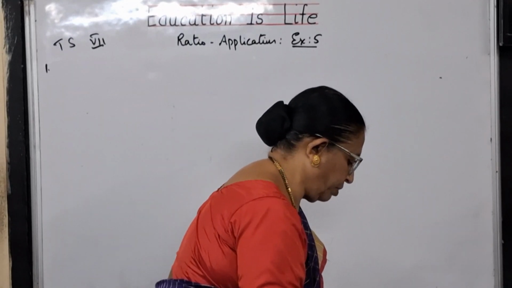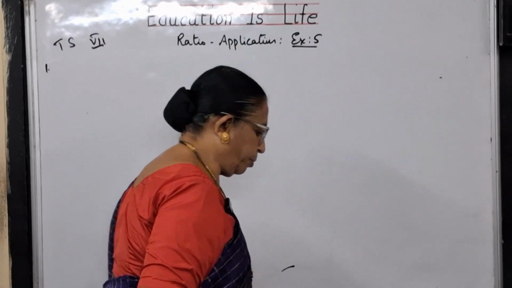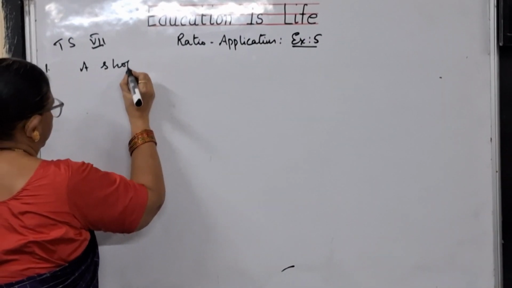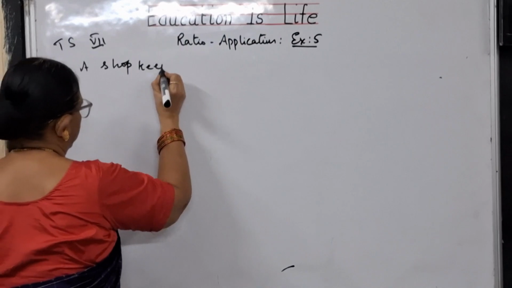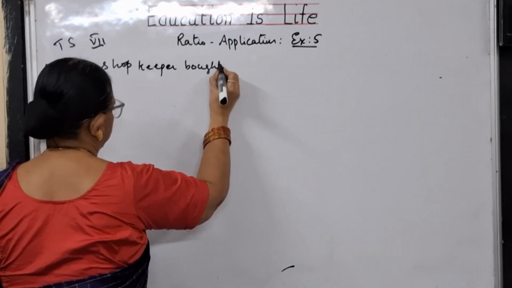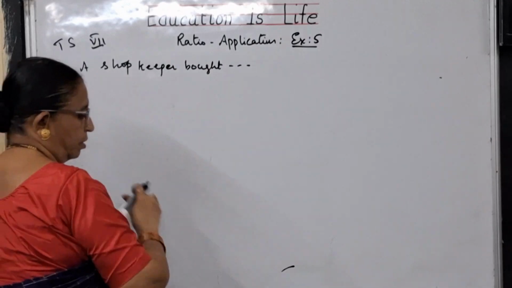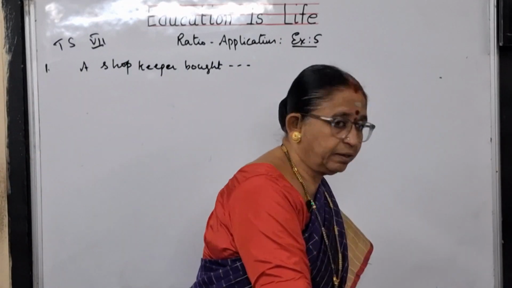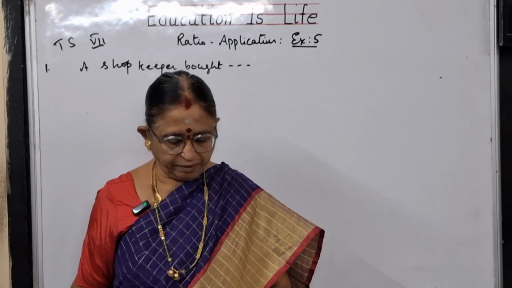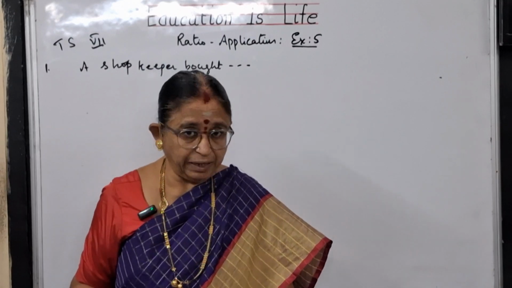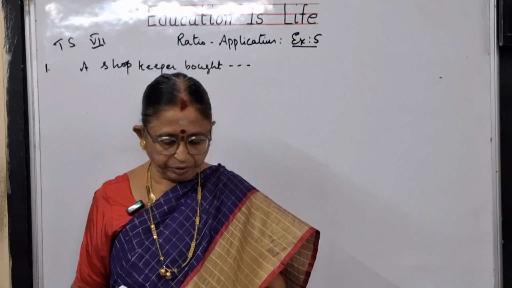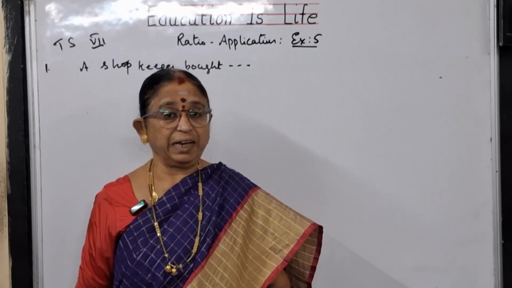The sum is: a shopkeeper bought a suitcase for rupees 480 and sold it for rupees 540. Find his gain percent.